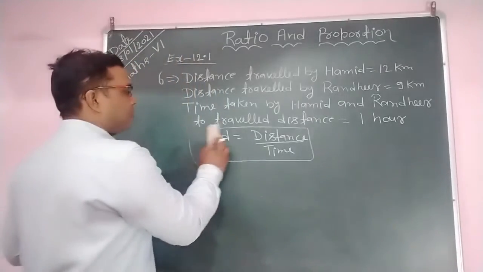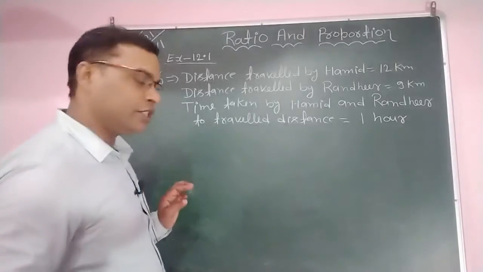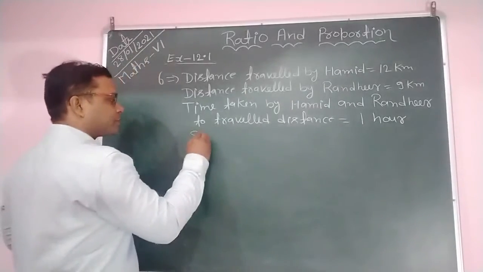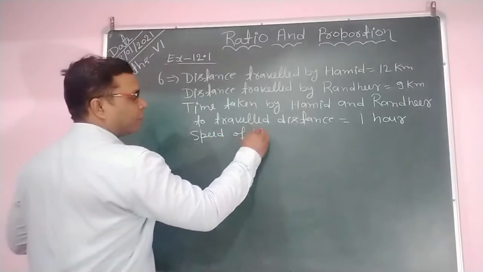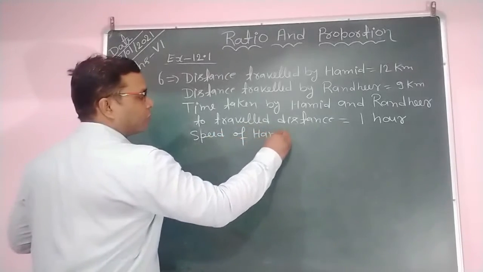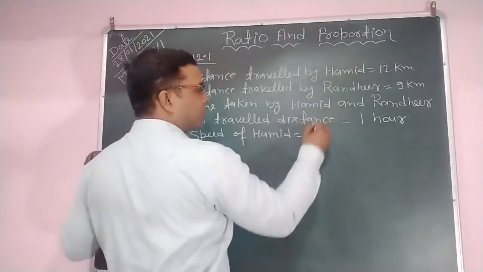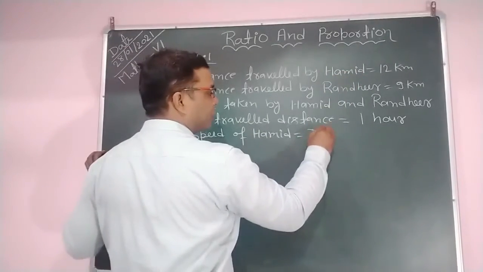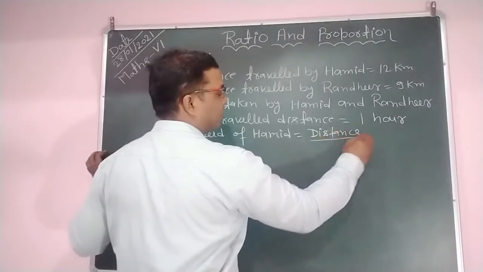Speed of Hamid is equal to the distance traveled by Hamid upon time.